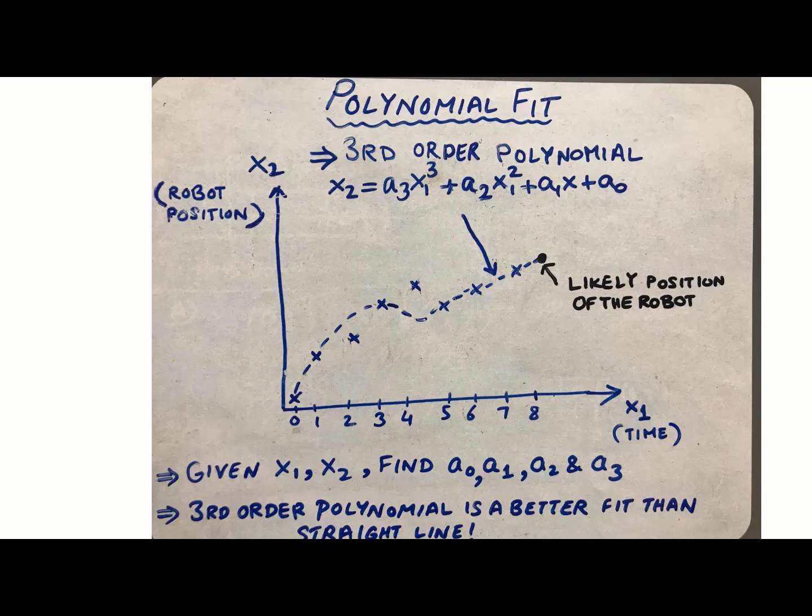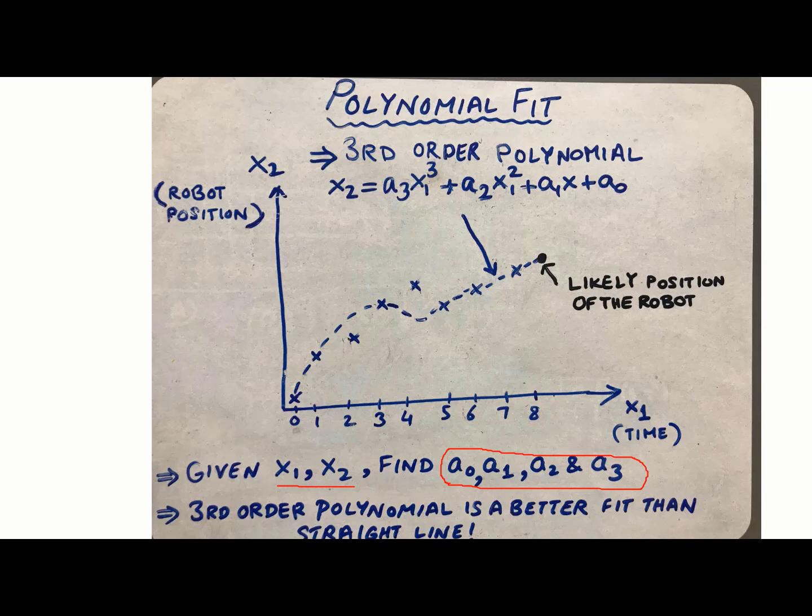So for instance, in this case, we are trying to fit a third order polynomial, and so we're going to find out the coefficients a0, a1, a2, and a3 based upon the x1, x2 data point values.